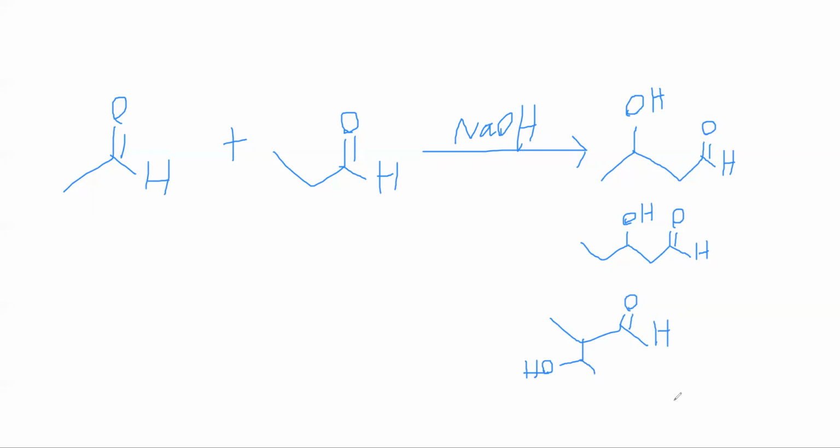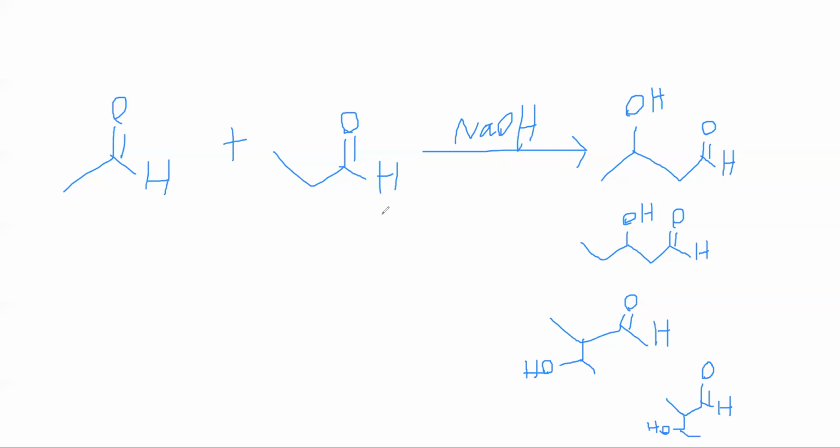If you look at where the alcohol is in relation to the aldehyde, they should be beta to each other. That's just something to pay attention to. So you're going to get 4 products from this mixed aldol. And then you wouldn't really be able to separate these. That's an issue, because then you're not going to be able to get the product you wanted.